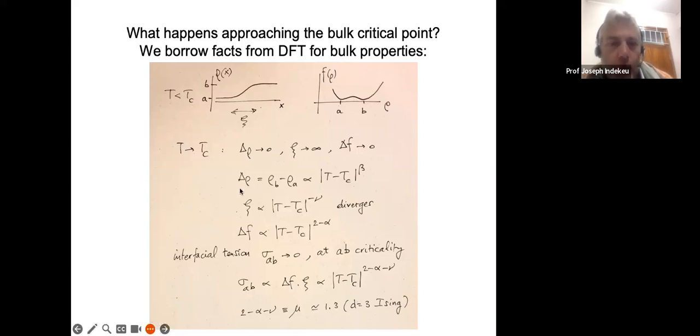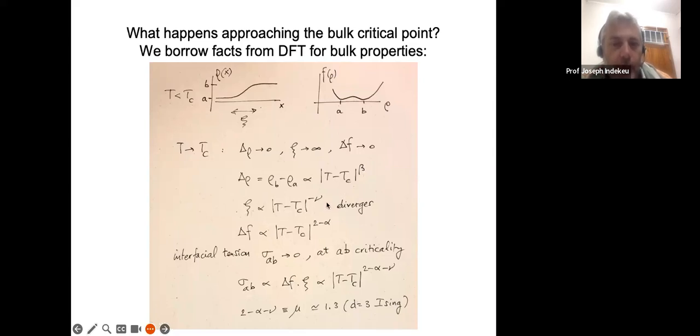So I recall the density difference or concentration difference goes to 0 at criticality, and we characterize this vanishing by an exponent, which is called a critical exponent, and it carries the name beta traditionally for this density difference, not to be confused with the name of the phase beta that we used for our fluids.